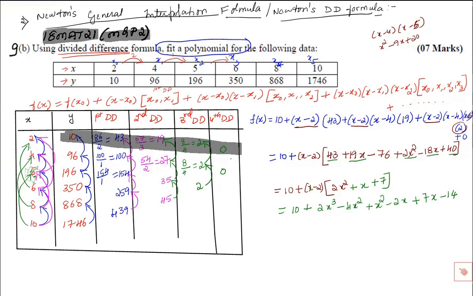Your final answer is 2x cube minus 3x square plus 5x, then 10 minus 14, that is minus 4. So therefore the required polynomial is f of x equal to 2x cube minus 3x square plus 5x minus 4, which is the final answer.